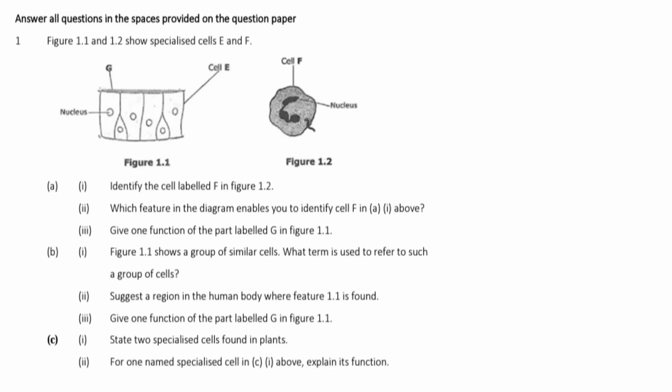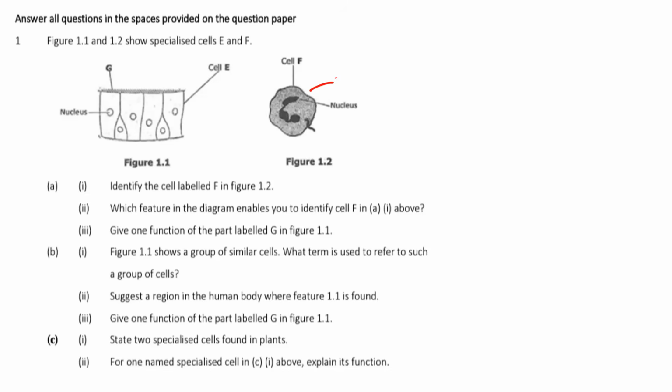All right, let us look at this question. Still on cell specialization, or specialized cells. Figure 1.1 and 1.2 show specialized cells E and F. Identify the labeled part F. If we were to say this is a white blood cell, of the two white blood cells that you learn, the lymphocyte and phagocyte, that would not be accurate.